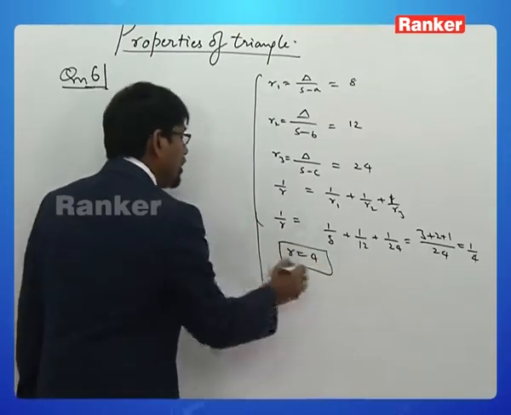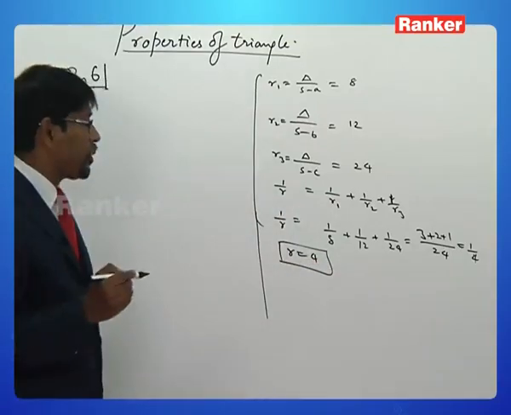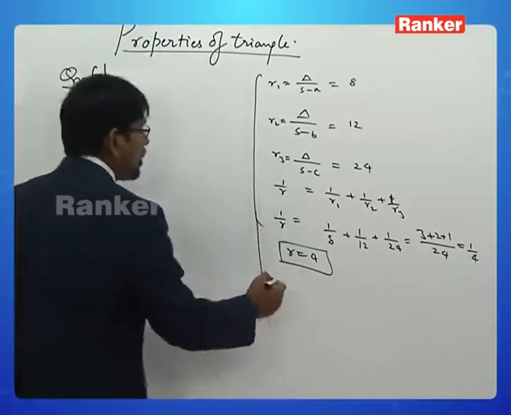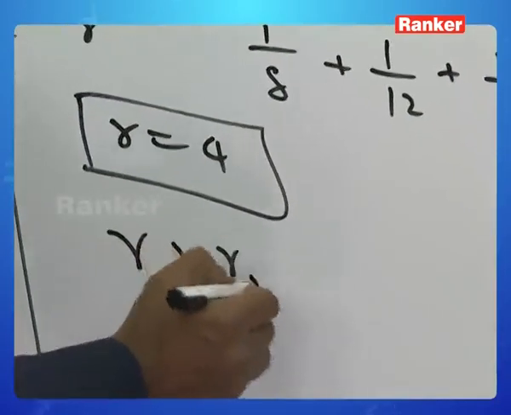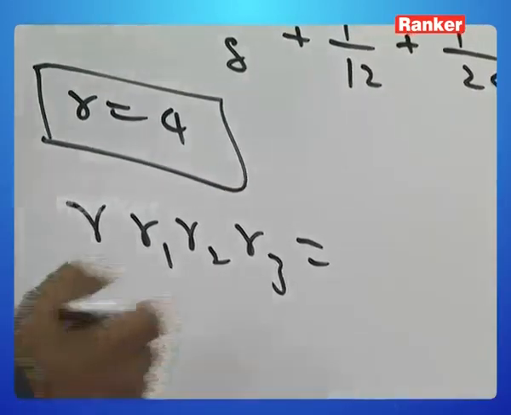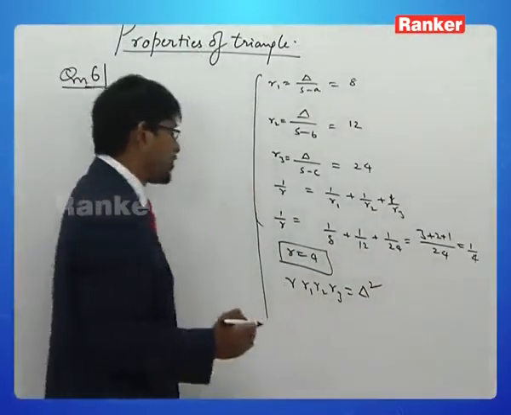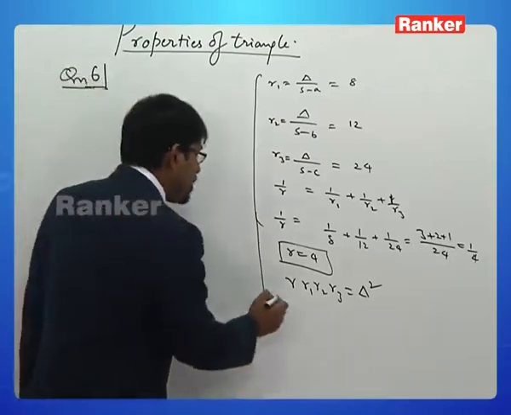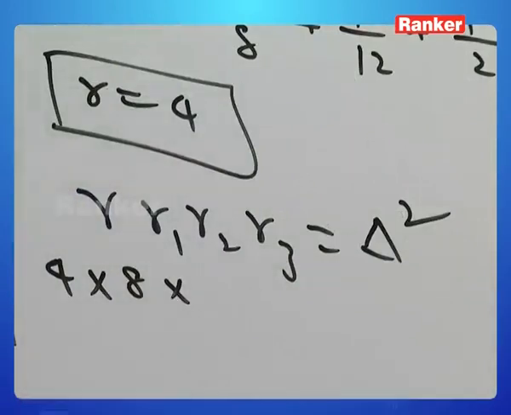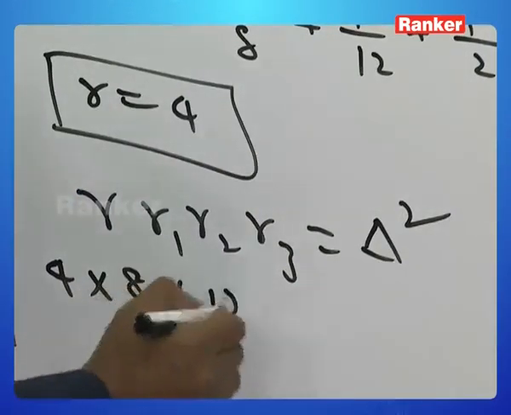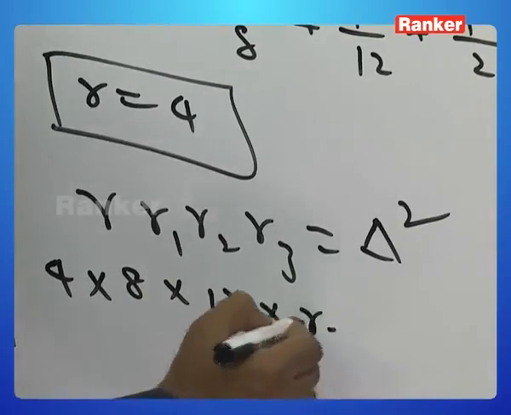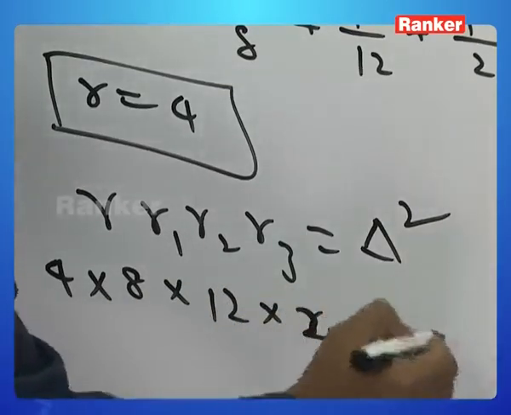So this inradius has been found to be 4. Now what else do we know? We know that r into r1 into r2 into r3 is equal to delta square. So that makes it 4 into r1 is 8, r2 is 12 and r3 is 24. 24 here is delta square.